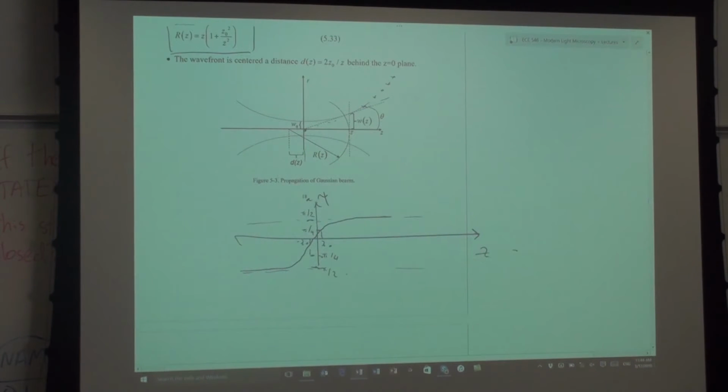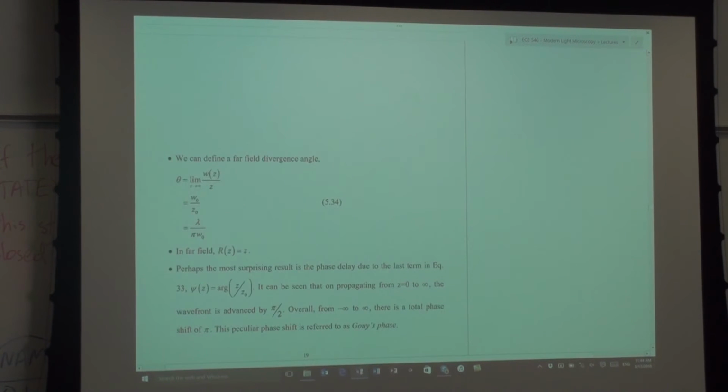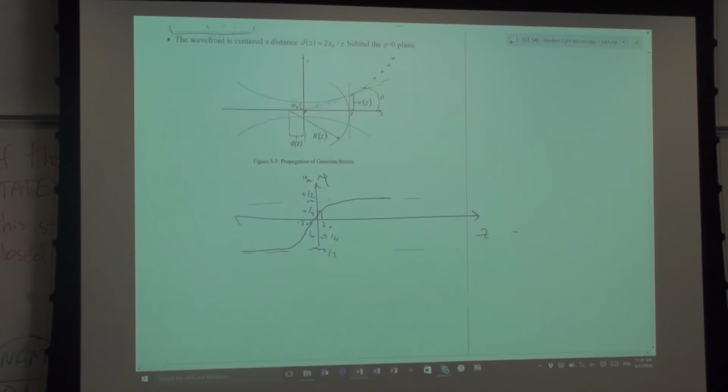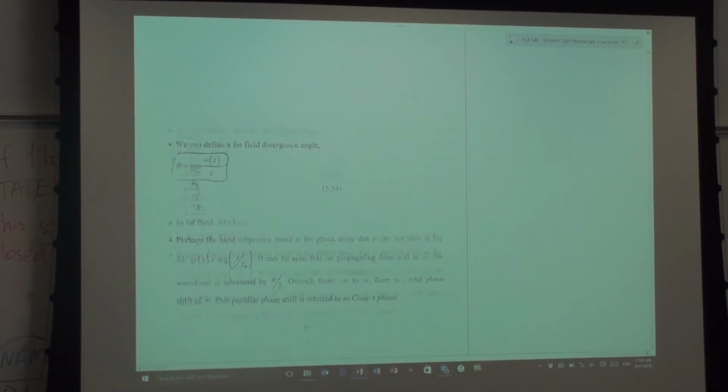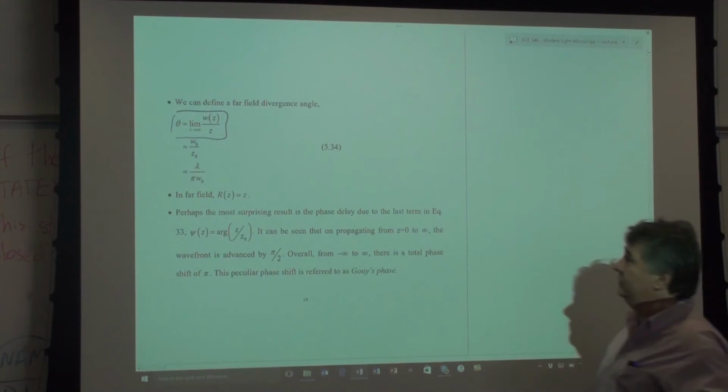So notice, when you get to the details of things, defining an angle, defining the beam width or waist, all these things require a little bit of careful definition, right? In particular, the diffraction angle is basically this width, W divided by z, but it's only well defined for very large z's.